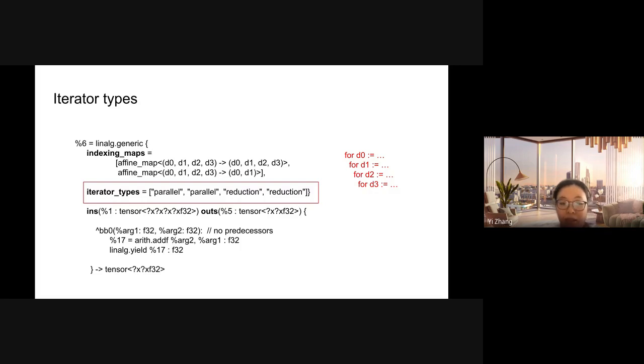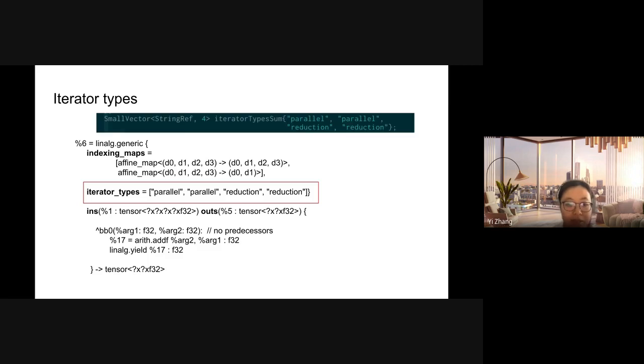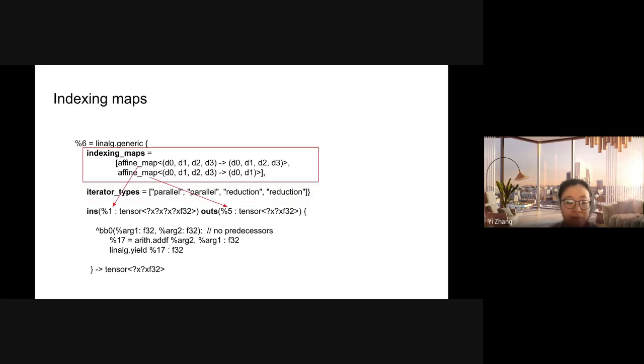If there's a loop-carried dependency among the iterations, then the loop is a reduction loop. Otherwise, it's a parallel loop. And the C++ code to represent the iterator types is also very simple, just a vector of StringRef.